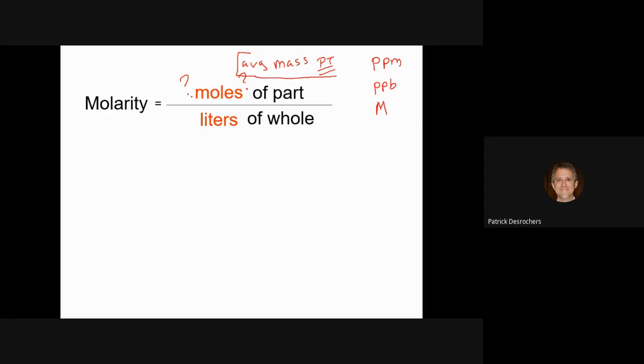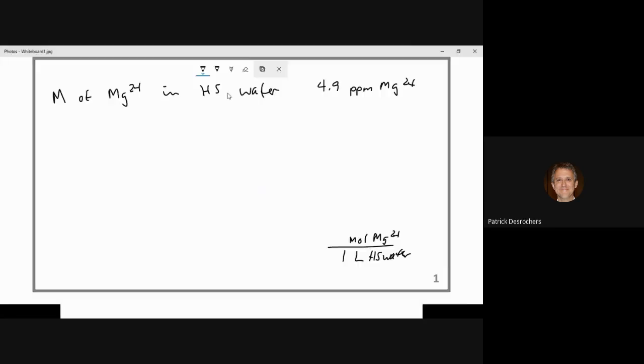Because mass number is that number for an isotope, right? And that's not exactly equal to the red number on the periodic table, right? So I want to be careful. It's close to that number, but it's not exactly equal. So I agree with what you're saying, but I'd rather say the average molar mass, the average atomic mass off the periodic table. Okay. All right. So be careful there, everybody.